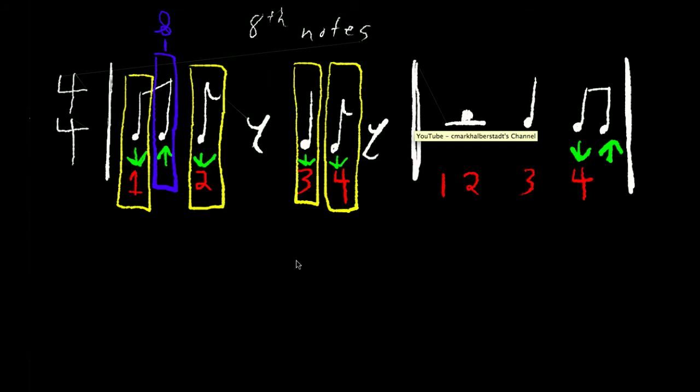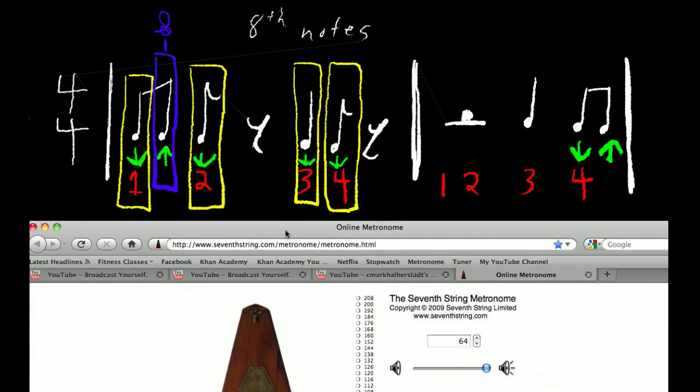Bum, bum, bum, bum, bum, bum, bum, bum. Okay, one more time. Now I'll do the 1 and 2. 1 and 2, 3, 4, 3, 4, end. Okay? So hopefully you found that a bit useful.